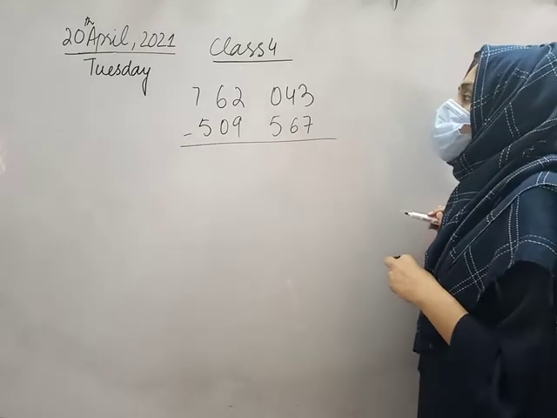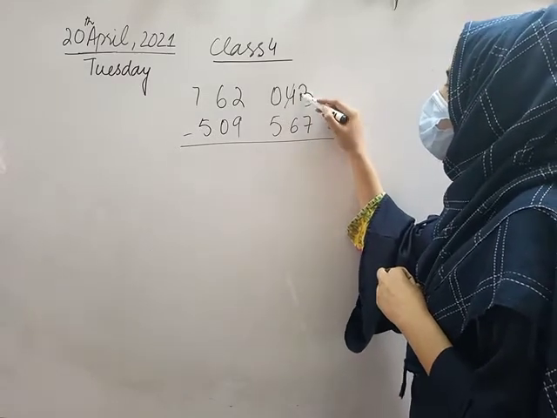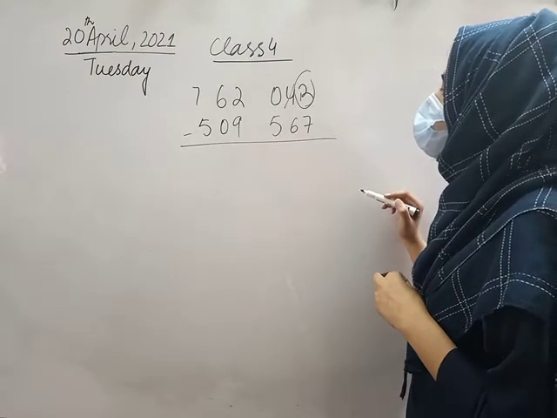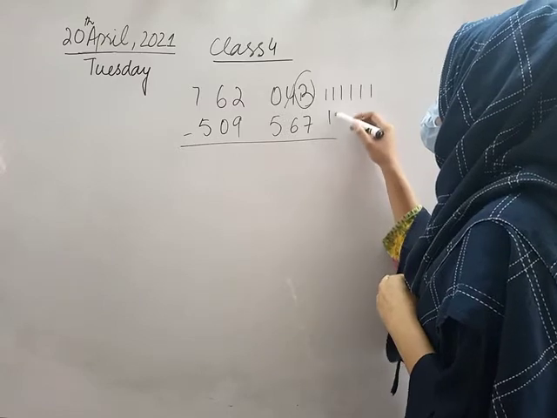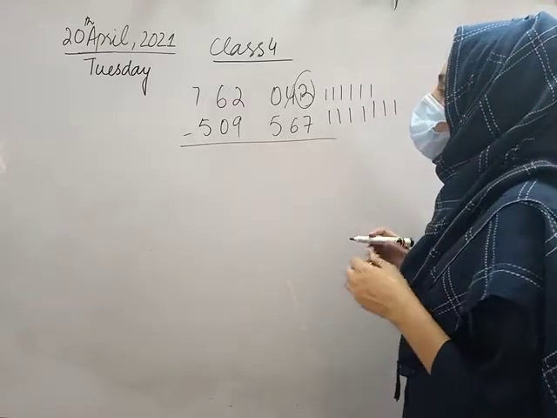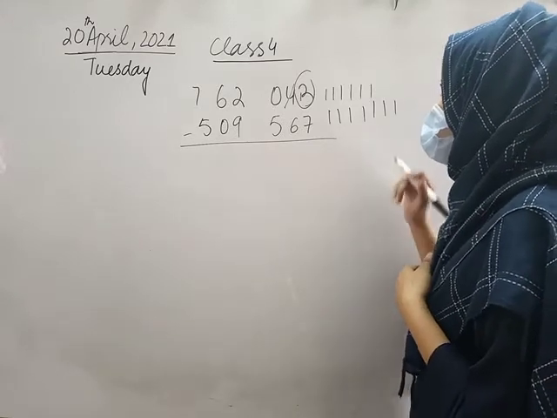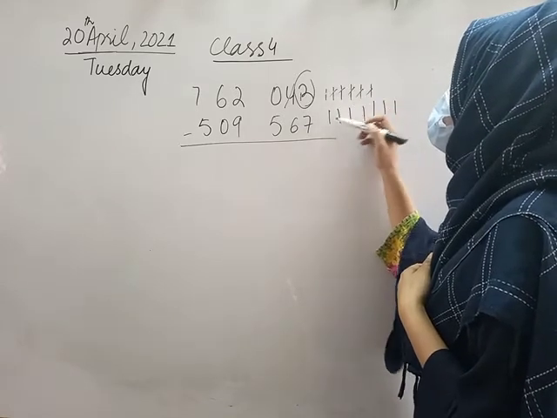No. So that's why we will take carry from the next number और ये क्या बन जाएगा? This will make 2 digit which is 13. So 1, 2, 3, 4, 5, 6, 7, 8, 9, 10, 11, 12, 13. Fine. And I want to subtract 7 from it. 1, 2, 3, 4, 5, 6, 7.